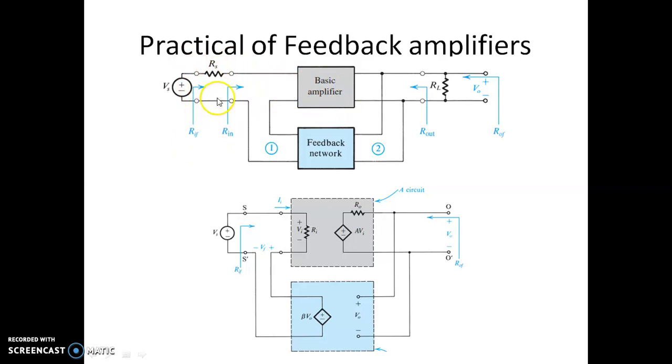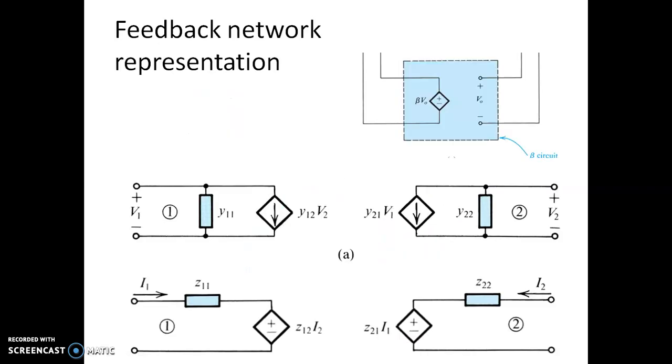So the non-ideality of VS, that is the source resistance, is considered to find the input impedance with feedback. We are replacing this feedback network by a circuit here, and this is how it looks. This is a typical case. Let us move on now.